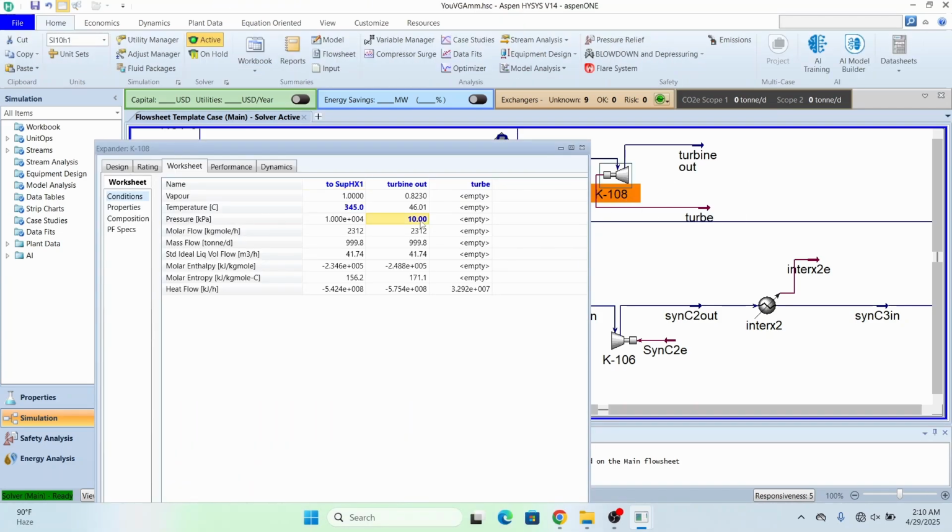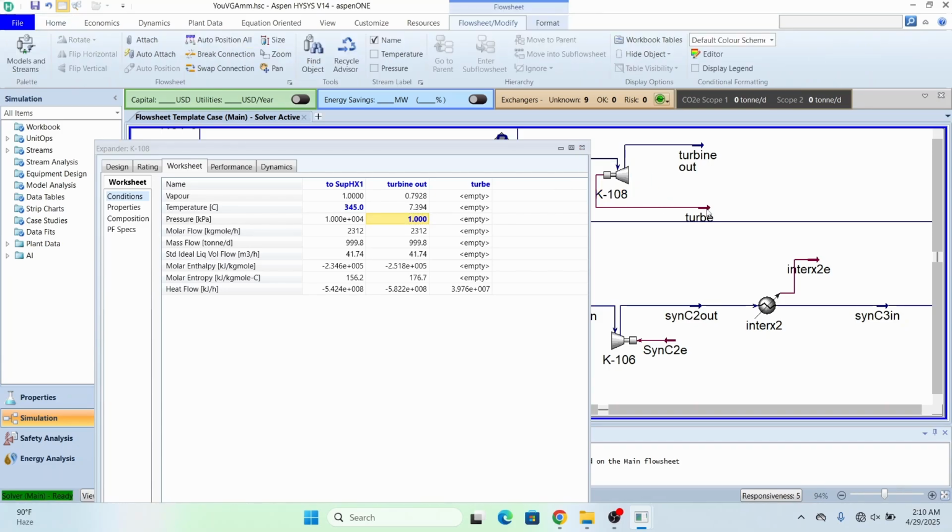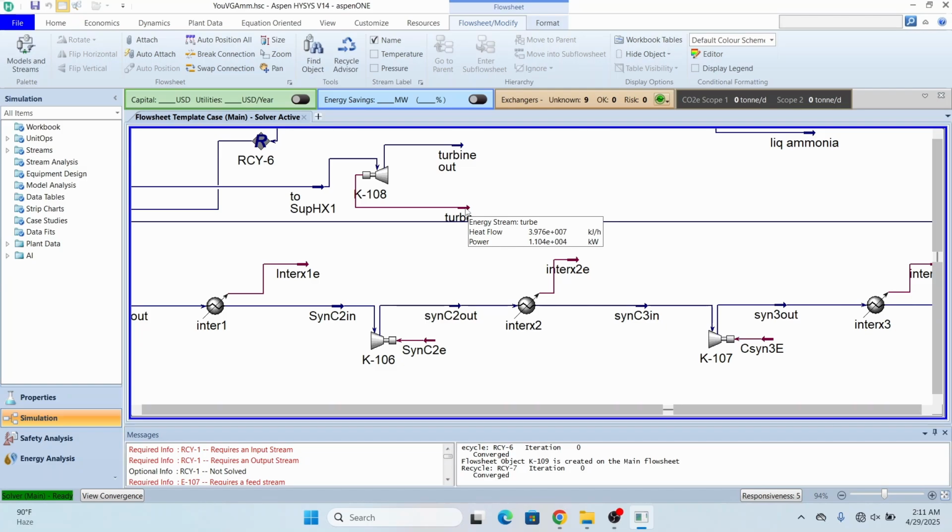So if I make it 0.1, or here I can write 1, now you can see that my power has been increased to 11,000 kilowatts.